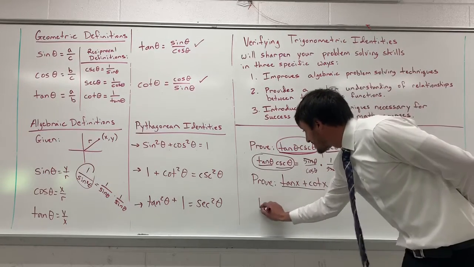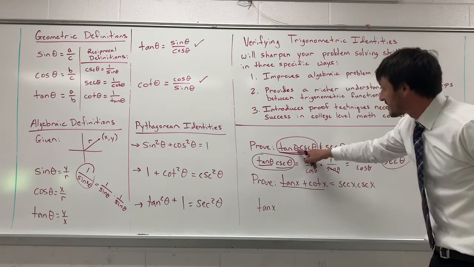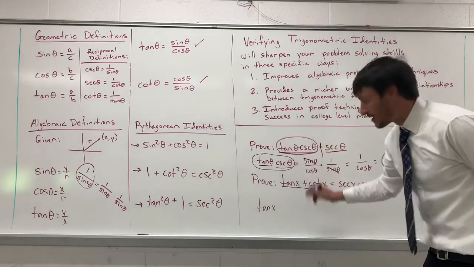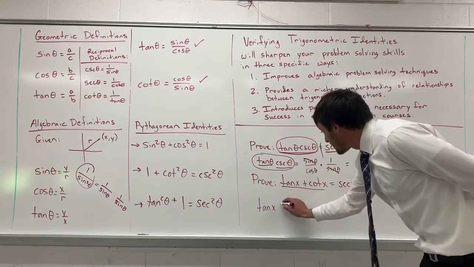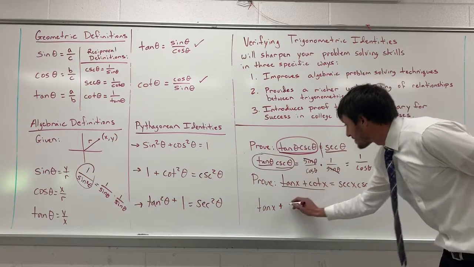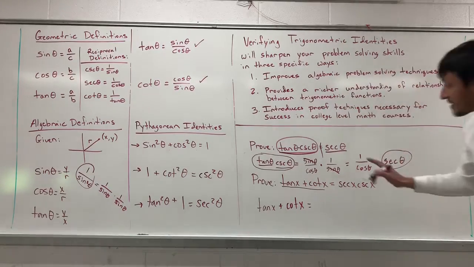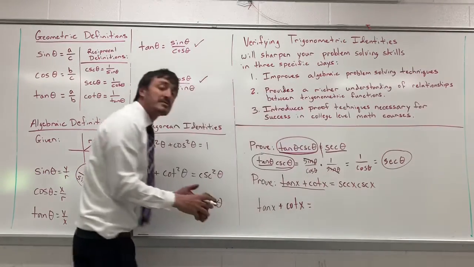We're going to write the left side of this equation, the tangent of x. Notice that we're using x for the angle instead of theta. It does not matter which variable you use, but you just have to use the same variable throughout the problem. So we have the tangent of x plus what? The cotangent of x. And I told you guys the hint is to convert these functions into sines and cosines.